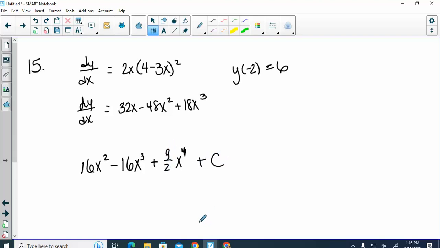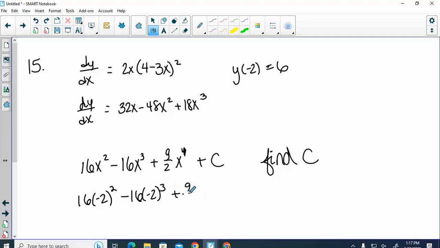And then how do you find the c? Yep. So you plug in a -2 for all of your x's, and I'm going to run out of time probably, and set the whole thing equal to 6. And then once you have your c, you've got your final equation.